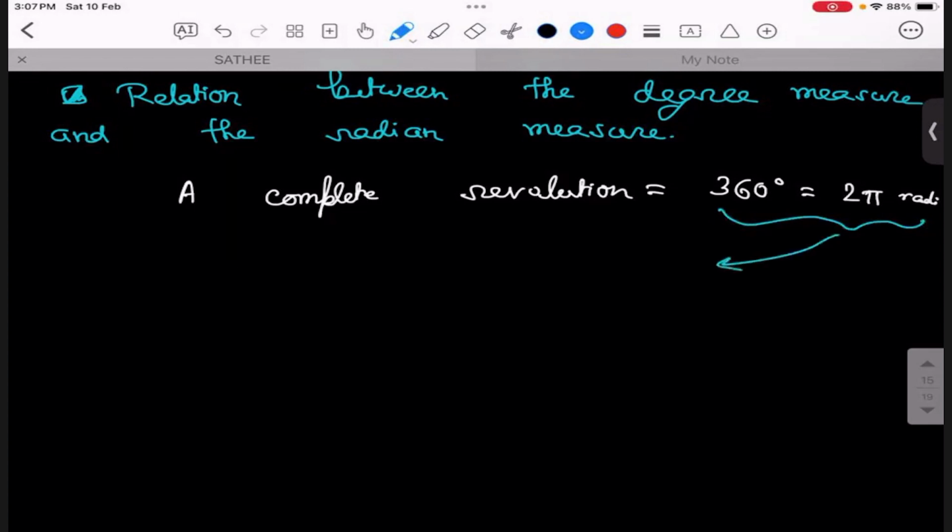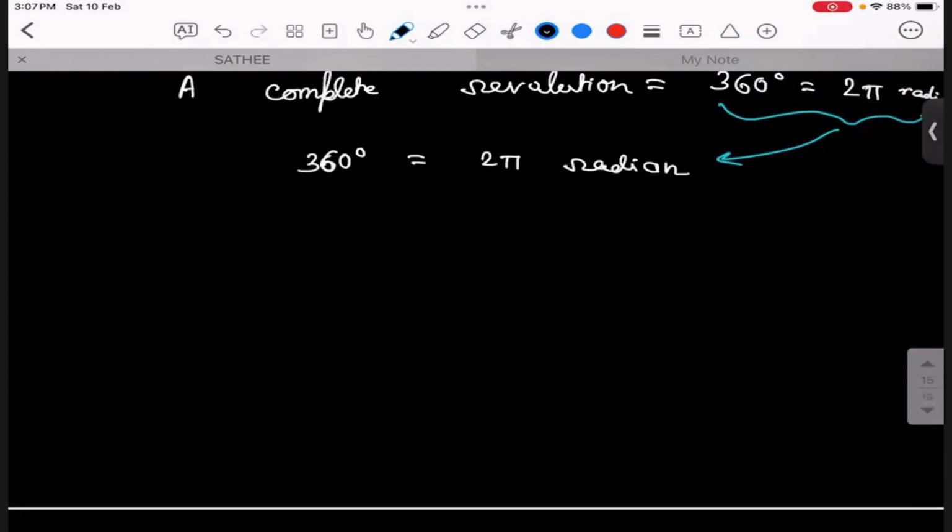Okay, so this gives us the relation that 360 degree equals 2 pi radian. So from here we can say that 180 degree equals pi radian.